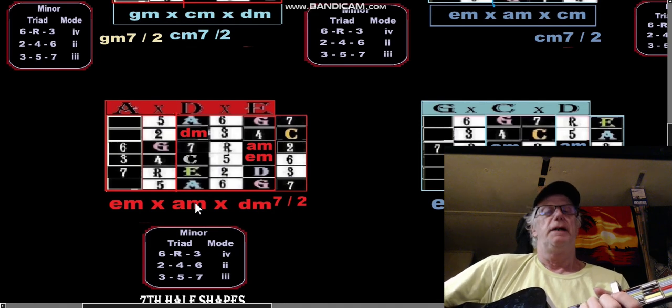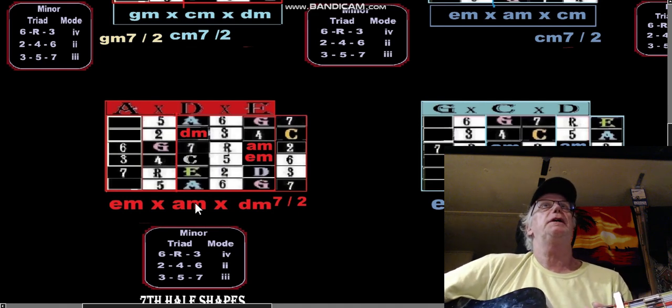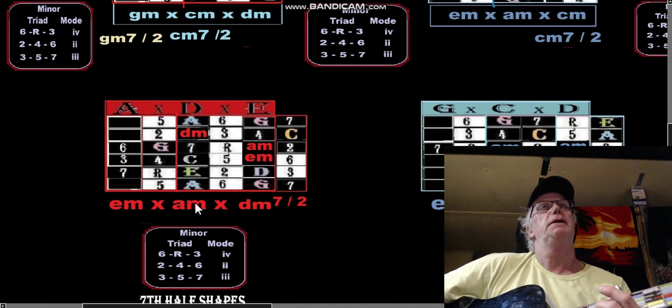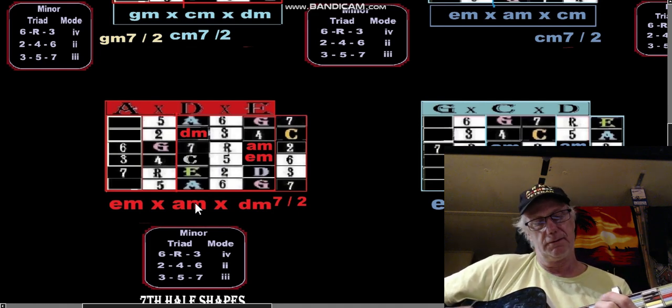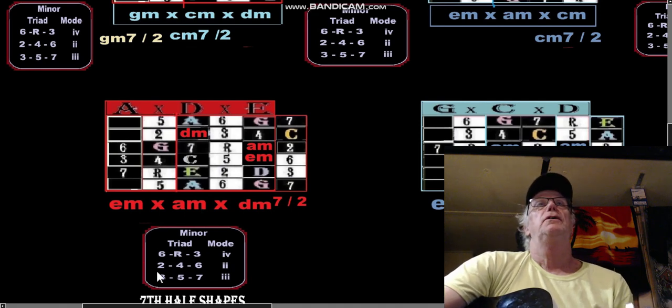Now the E minor is the 6th of the root chord, so that would be G shaped, would it not? No, it would be A shaped. So that particular E minor is actually 6 root 3 there, or 3 6 root is here. 3 6 root.